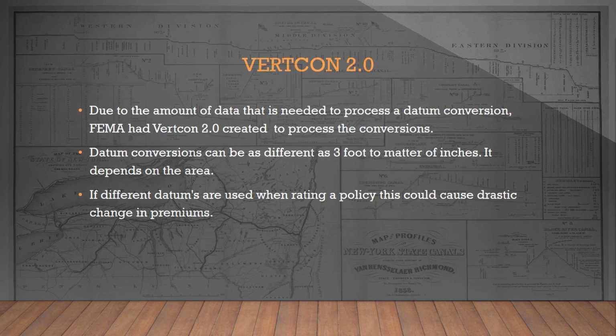Now, these datum conversions can differ across the U.S. It can go from anywhere from 3 feet, depending on where you're at, all the way down to mere inches. However, if two different datums are being used, one NGVD and one NAVD, and we do not do the conversion, there will be a drastic change in your premiums because it does change the elevation figures that you are using for processing.